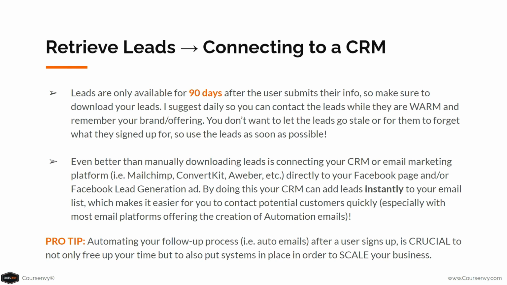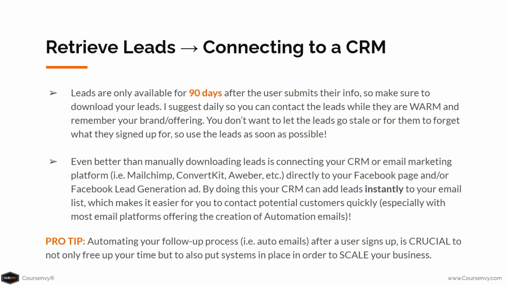You're paying for them. Even better than manually downloading leads is connecting your CRM or email marketing platform, such as MailChimp, ConvertKit, or Aweber. You can connect this directly to your Facebook page or Facebook lead generation ad. By doing this, your CRM can add leads instantly to your email list, which makes it easier for you to contact potential customers quickly and automatically.